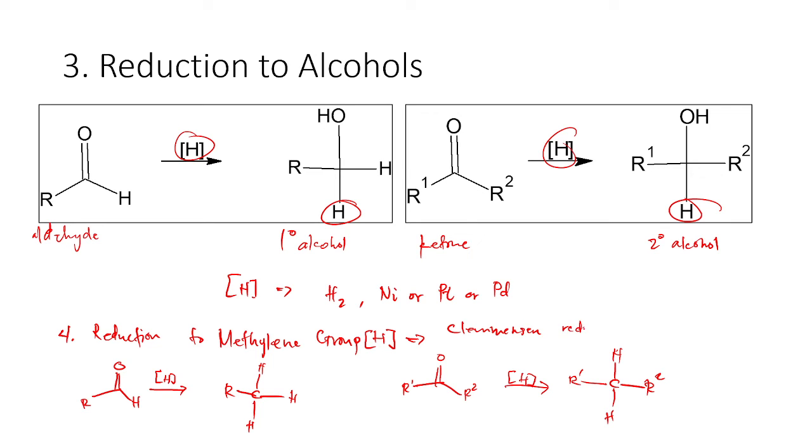reduction. Sa Clemmensen reduction, ang ginagamit niya ay yung ating zinc with mercury yata. Zinc and mercury and concentrated, shortcut ko na lang ha, concentrated hydrochloric acid.